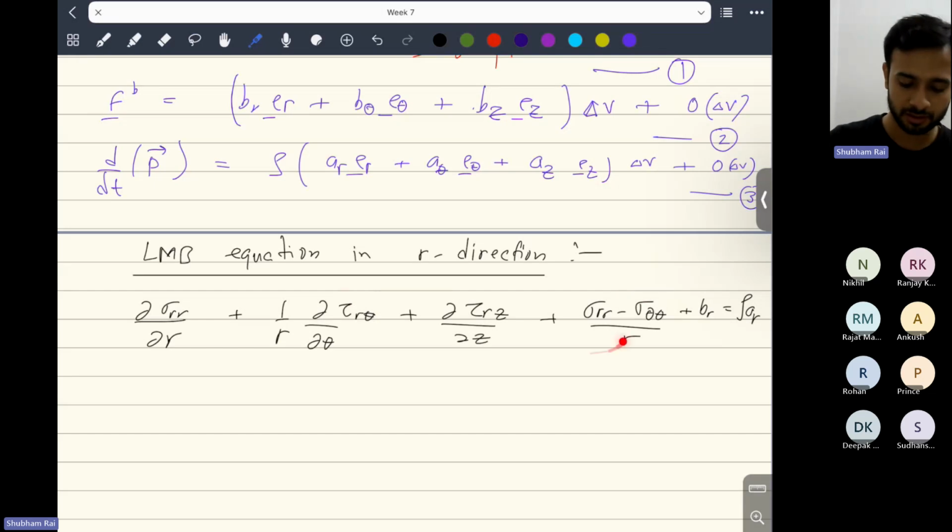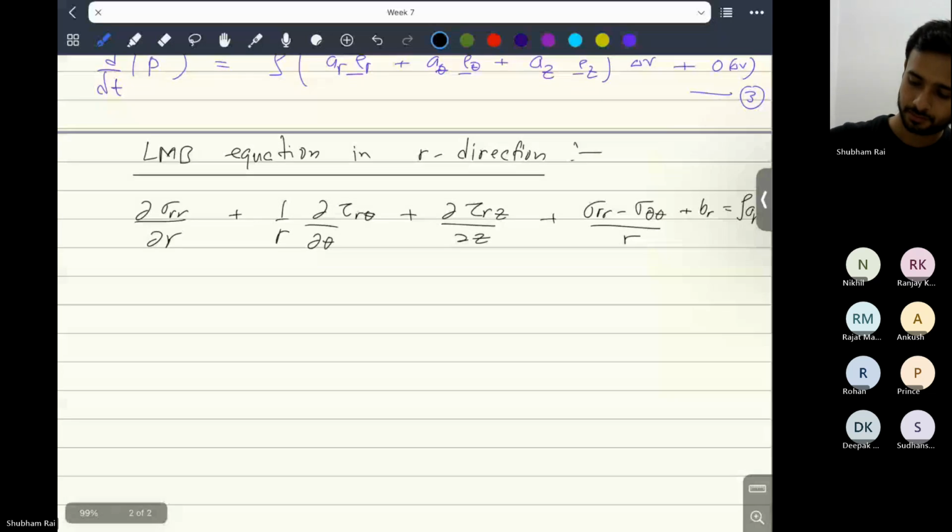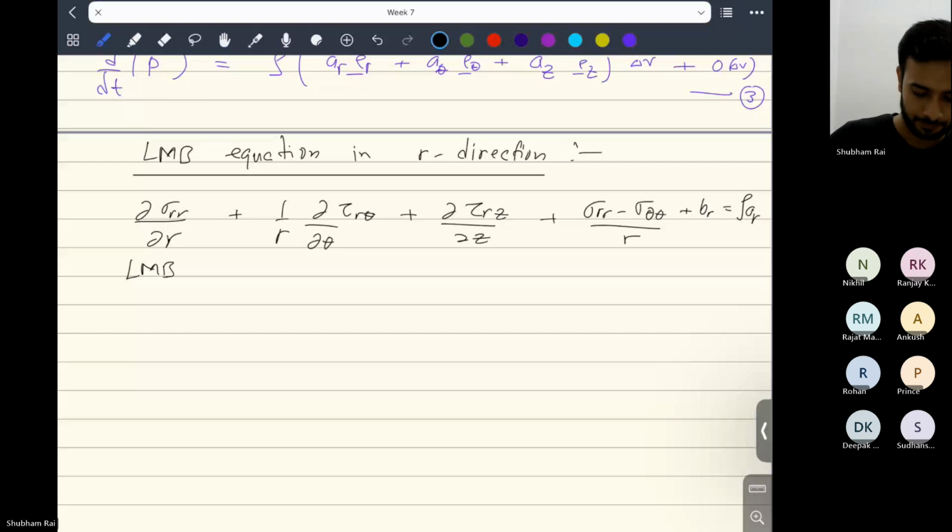Similarly, there will be LMB in theta and Z direction. So let me write that. We write the LMB equation in theta direction.